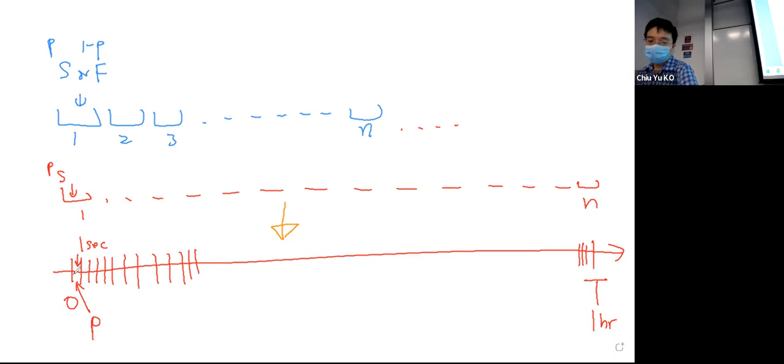In that case, binomial tells you how many successes, which means how many events are going to happen in this time period. So it is useful to model the number of events that happen over a period of time, say the number of customers arriving here, the number of earthquakes in a period of time, the number of typhoons.